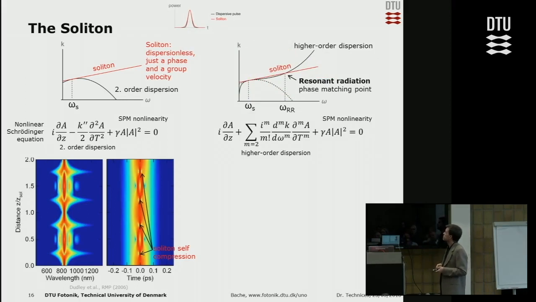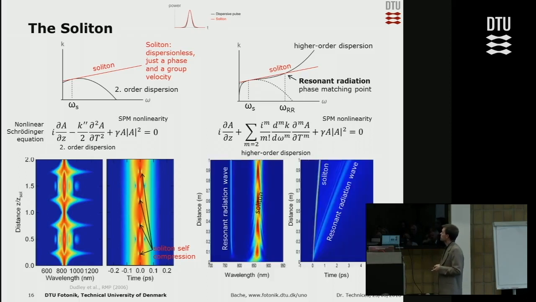And this phase matching point is important because suddenly this perfect soliton is no longer perfect. It now destabilizes and it sheds light into this resonant radiation in time, and here it's seen in wavelength. So this is a little bit annoying because we love our soliton and we love the fact that it can compress to a very short pulse, but it's actually an effect that is very useful, it turns out.